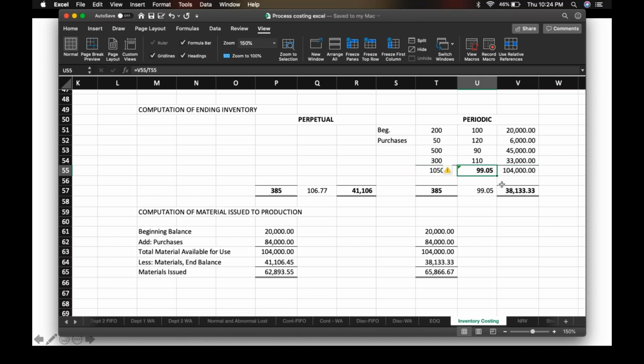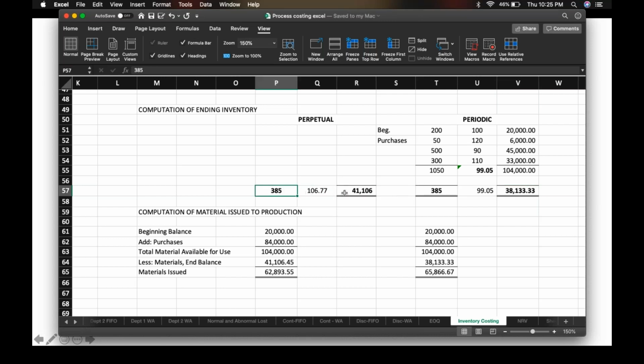And that is 99.05 unit cost. Since we have an ending inventory of 385 units, gagamitin mong unit cost is 99.05. So magkakaroon tayo ng difference in terms of amount.